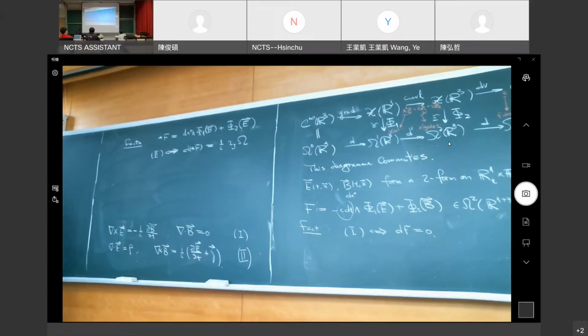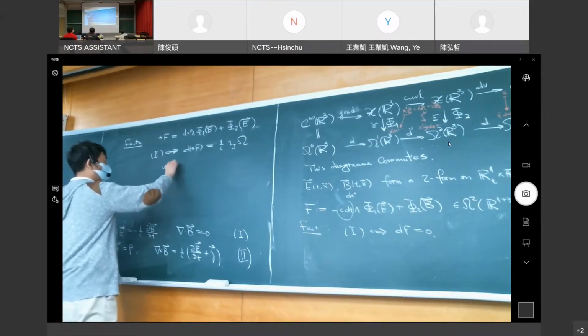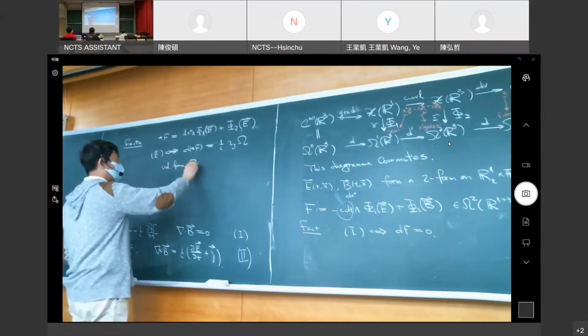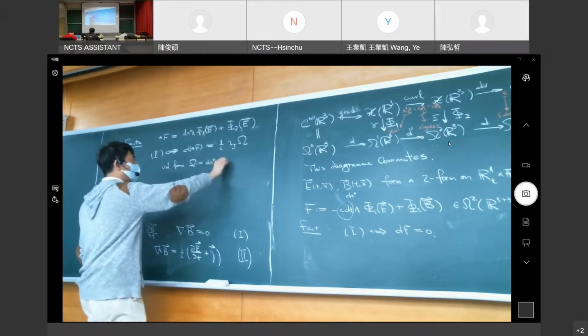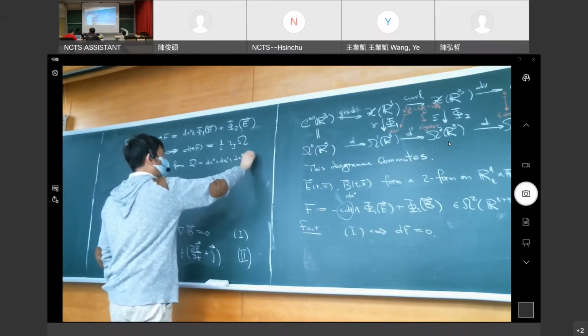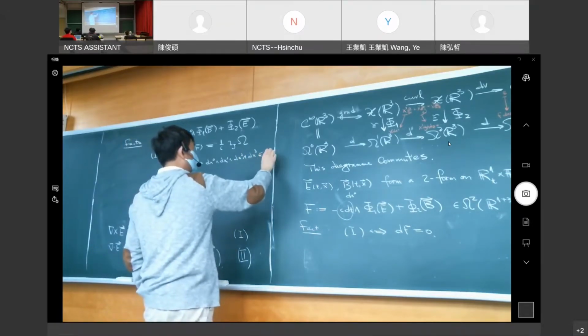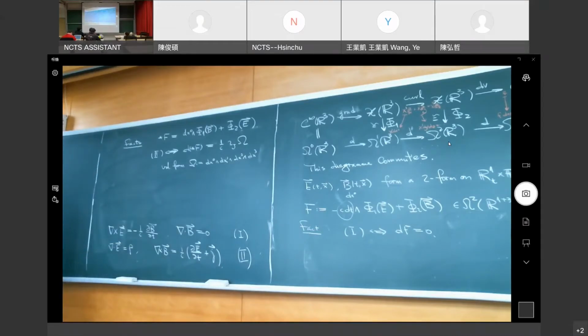So the left-hand side is already clear. Let me explain the right-hand side. There is a volume form, which is omega, defined as dx0 wedge dx1 wedge dx2 wedge dx3, and that's a 4-form on our space, and it picks up an orientation.